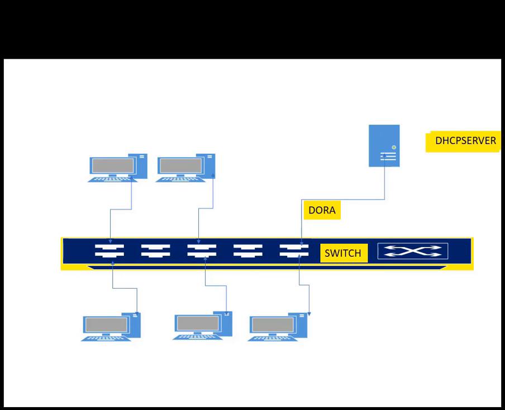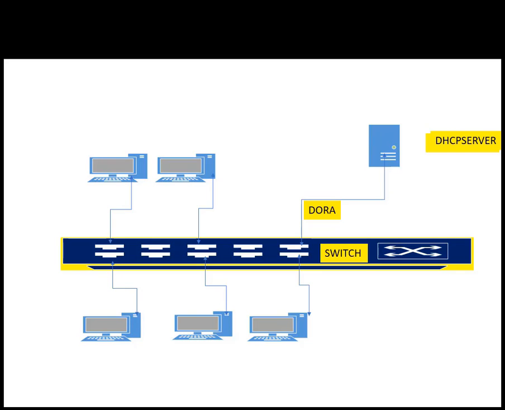But since they are not the DHCP server, the computers will ignore those broadcasts. And what will happen? This server will get this broadcast and say, hey, I'm the DHCP server and I want to hand out or give you an IP address, right?